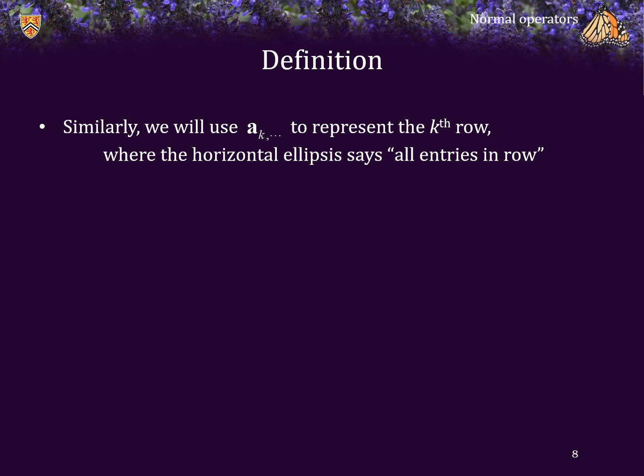Similarly, we will use a boldfaced a subscripted k, ellipsis to represent the kth row, and the horizontal ellipses are indicating that we are using all entries within that row. So, for example, here we see all n entries in the kth row that would be represented by the vector on the left.